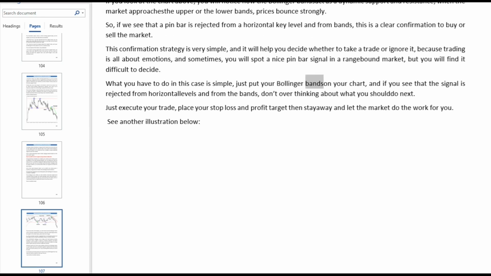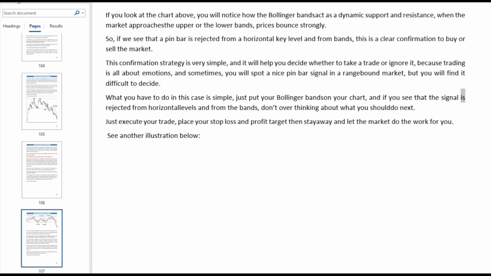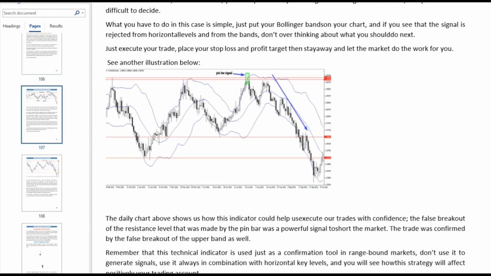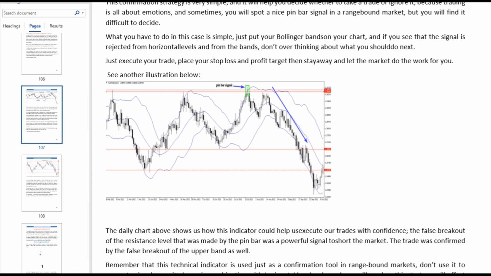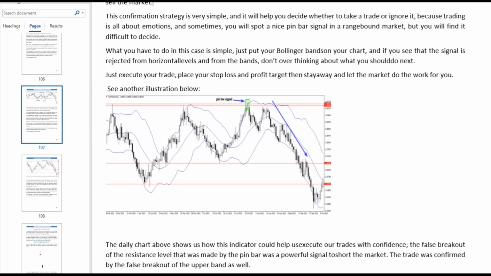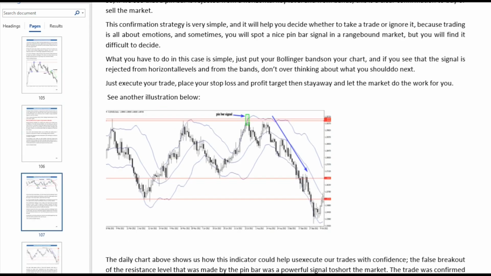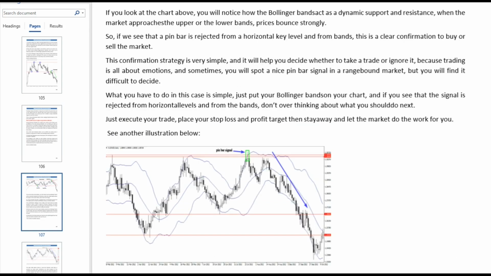Just put your Bollinger Bands on your chart, and if you see that the signal is rejected from horizontal levels and from the bands, don't overthink what you should do next. Just execute your trade, place your stop loss and profit target, then stay away and let the market do the work for you. See another illustration below.